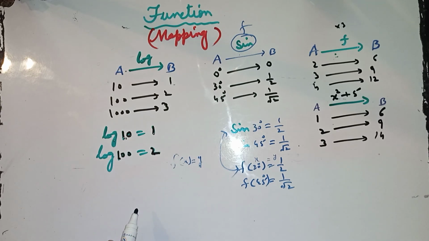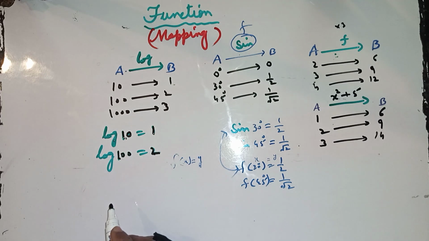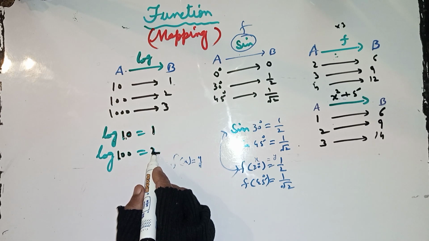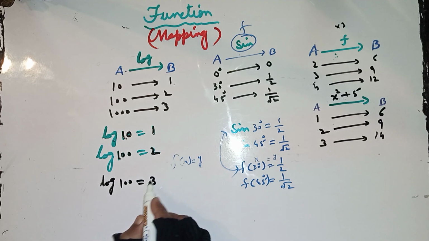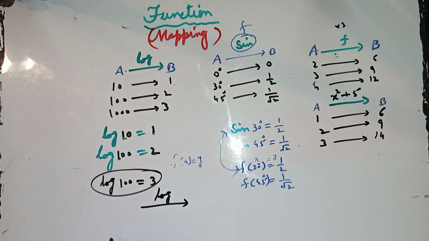One more thing, is it possible from one calculator? I say to two students, please calculate the log of 100. One student's calculator gives answer 2 and the other student gives answer 3. Is it possible that under the operation of log, 100 gives one calculator the answer 2 and another calculator the answer 3? No, absolutely not. It is not possible.